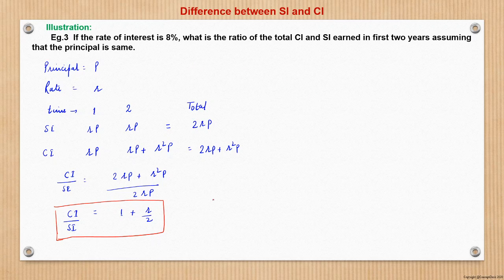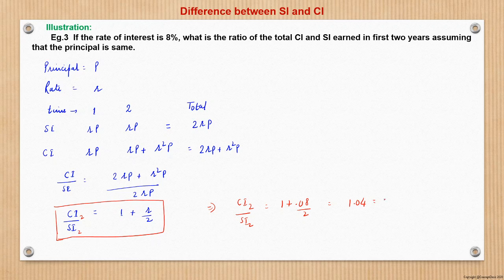So from here we can say that CI2 upon SI2, and just remember this is for 2 years only. So CI2 upon SI2 will be 1 plus R, which is 8%, that is 0.08 by 2. So this becomes 1.04.